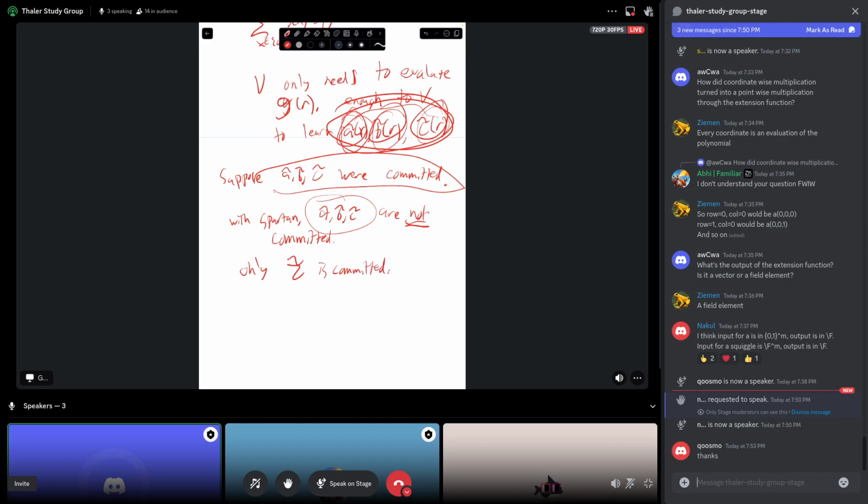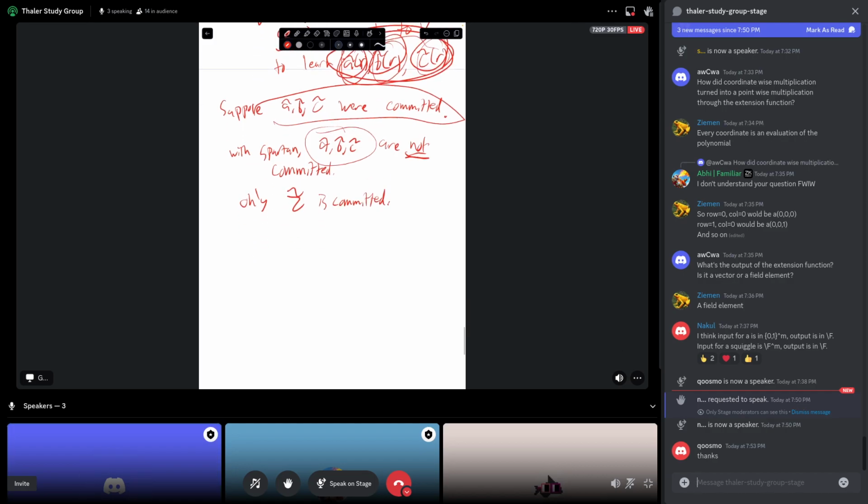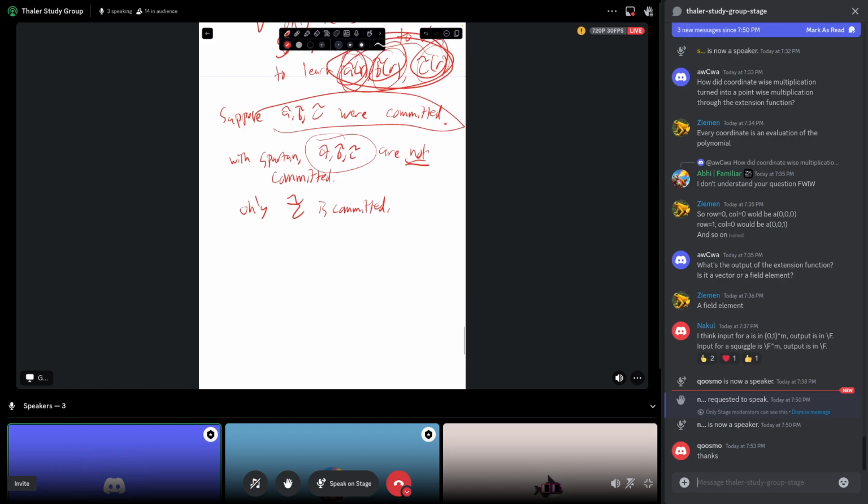The way Spartan works is, at the end of the first sum check, the verifier wants to know a twiddle of r, b twiddle of r, c twiddle of r, and they are not committed. So the verifier says, well, not a big deal.